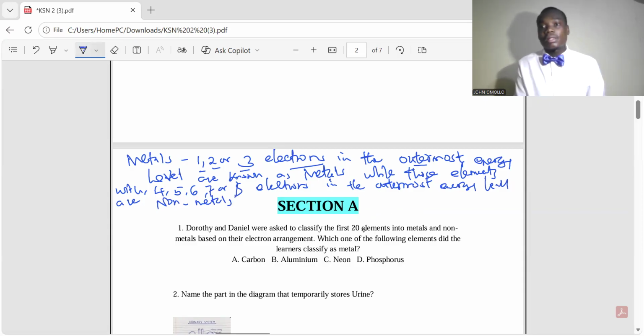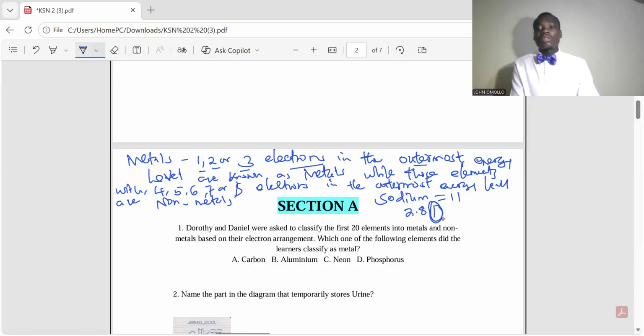Now, for instance, we have sodium. Sodium is number 11 in the periodic table. The electron arrangement of sodium is 2, 8, 1. So the 1 electron is in the outermost energy level, the innermost, the middle, and the outermost.